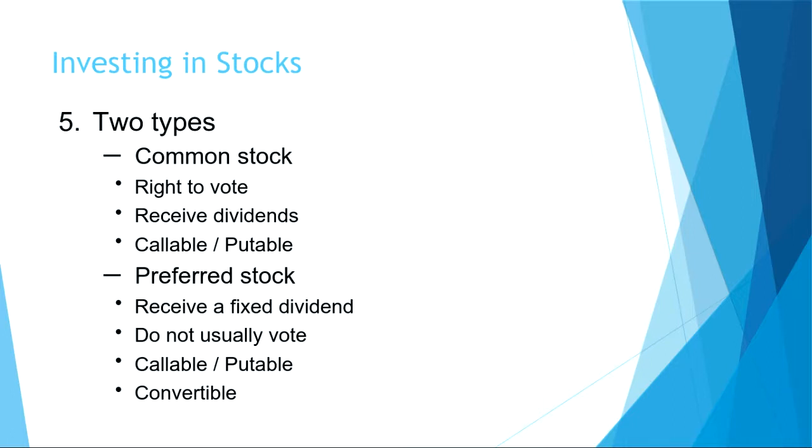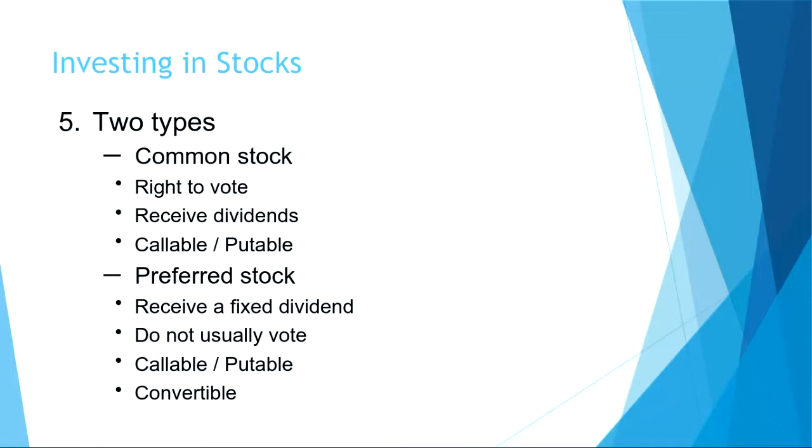Callable shares give the right to the issuer. Well, let me explain like this. The issuing company has the right, not an obligation, but a right, to buy back the shares from the investor at a predetermined price level.